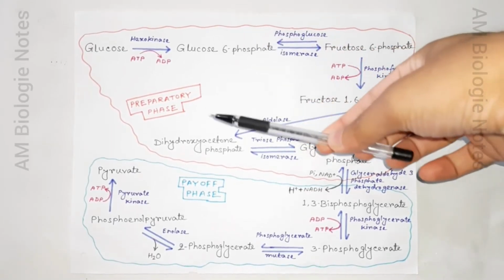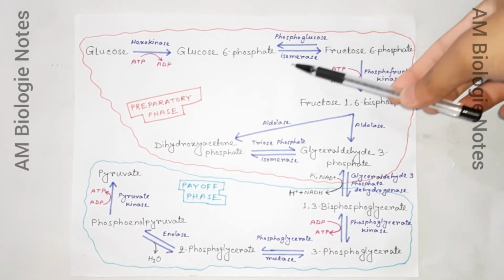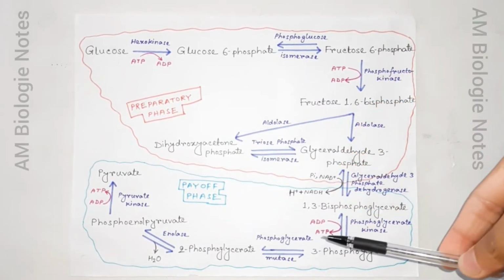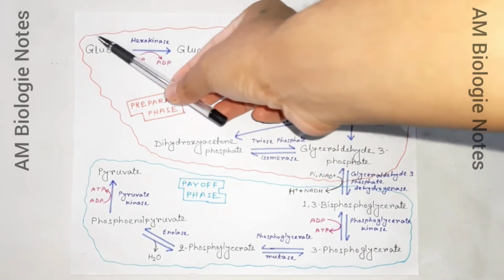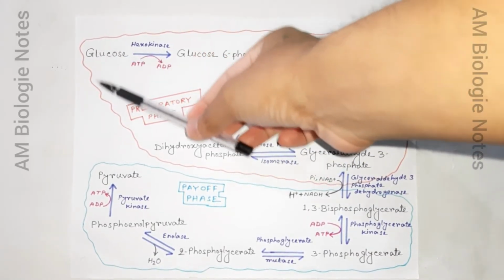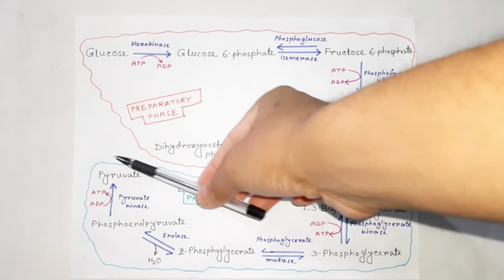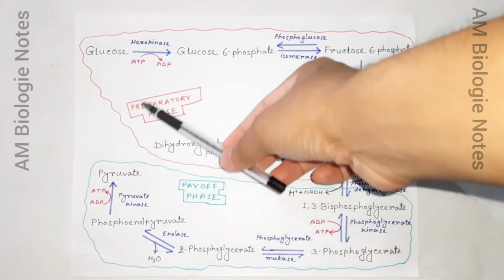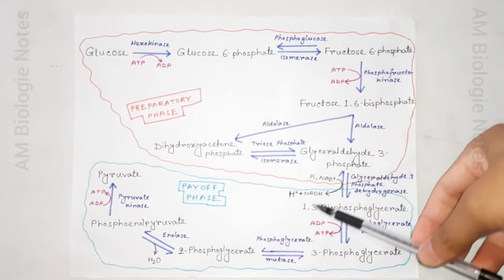Now I will discuss the phases of glycolysis through this diagram. The breakdown of the 6 carbon glucose into two molecules of 3 carbon pyruvate occurs in 10 steps.